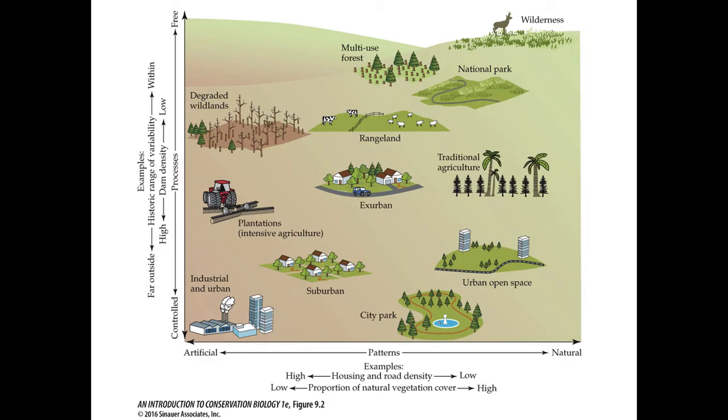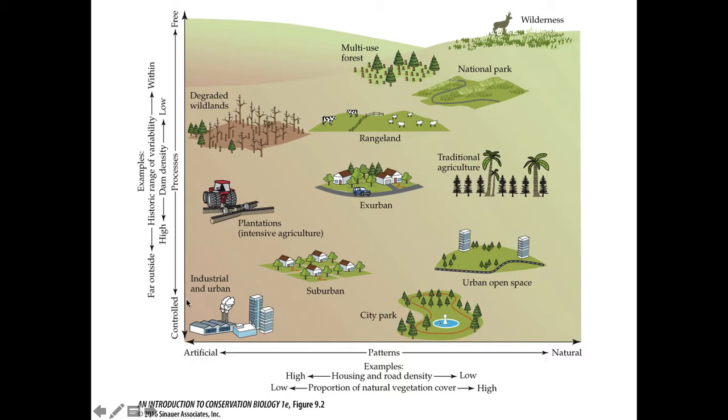This shows some different kinds of land use, and we have on the y-axis things that are very controlled processes to uncontrolled or free processes. And then down here we have patterns that go from artificial to natural.